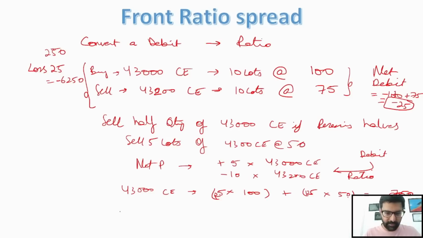And what will be the profit that I'll make from 43,200 call? That's straightforward. We have 10 lots, so 250, which is 10 into 25, multiplied by 75, right? This will be our profit. So net, how much will this be? Just a second, guys, I'll quickly do this calculation.